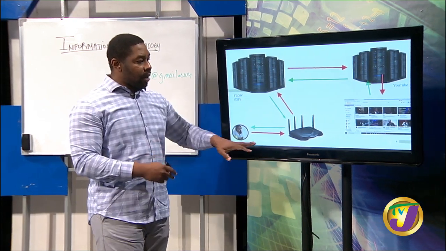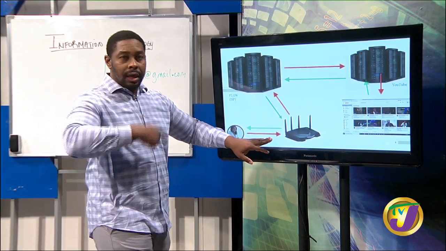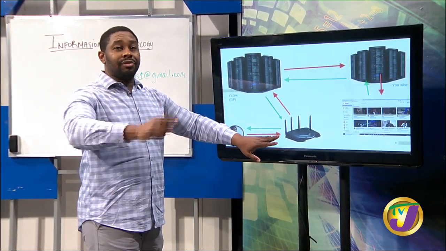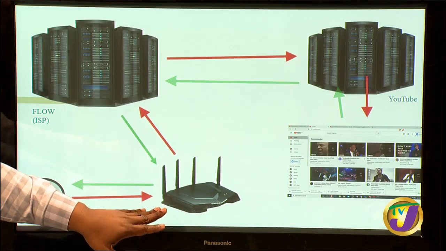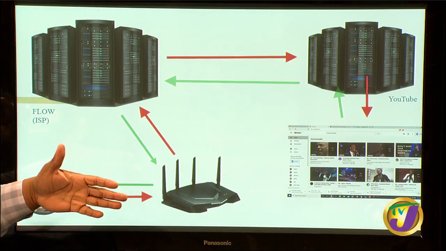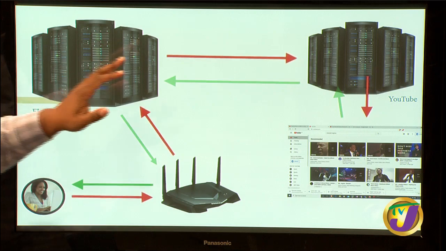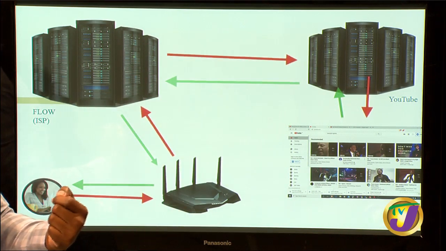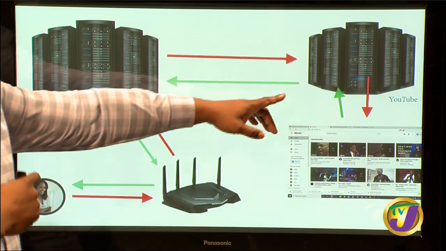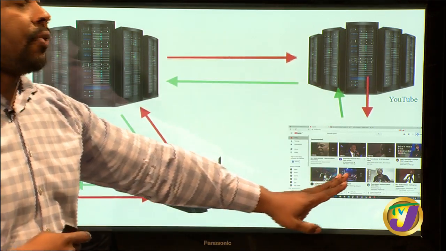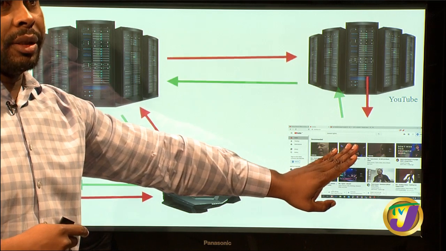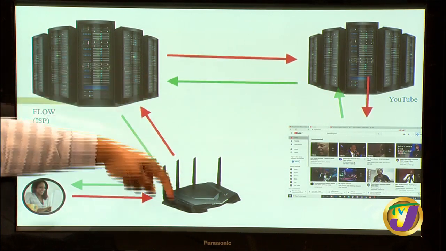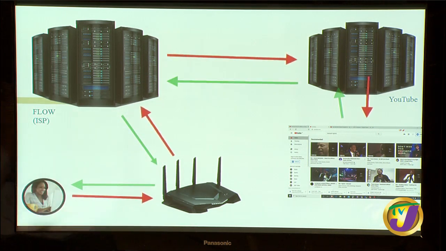And whenever you try to look for youtube.com, it looks for the IP address relating to YouTube and sends it to your ISP. And then what happens now? Your ISP searches for YouTube. When it searches for YouTube, it finds the page and delivers it back to your ISP, back to your router, and then to you, and you get an index page.